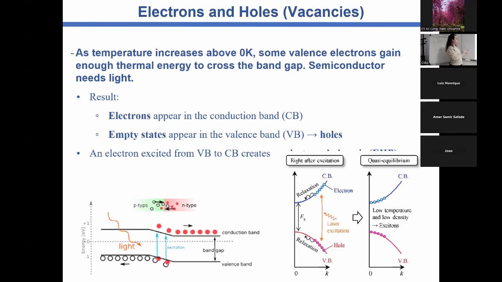But in this case, we are analyzing inorganics, so we consider that the electrons go and are free. So if we have one electron in the conduction band, we have one hole in the valence band.